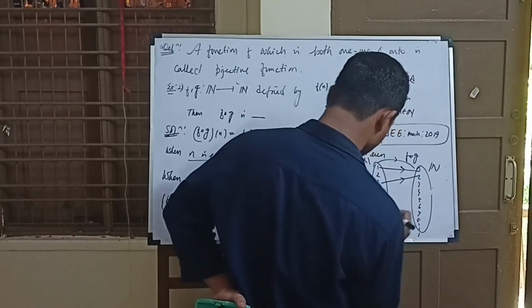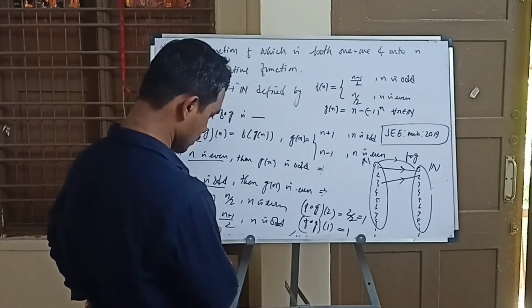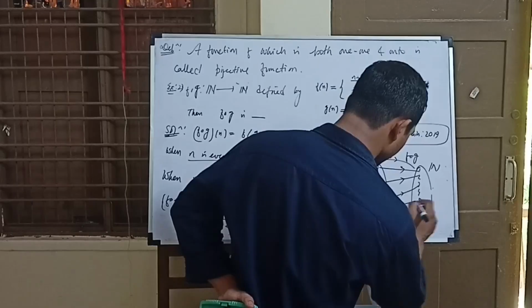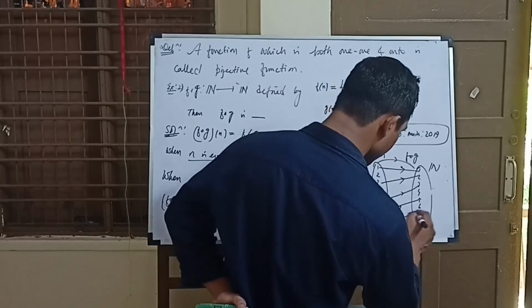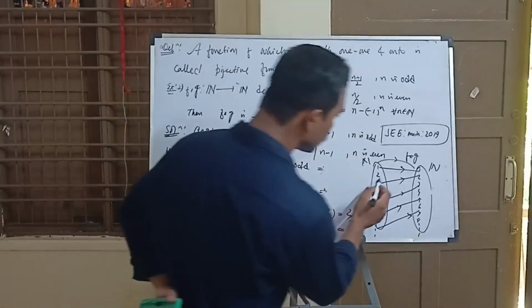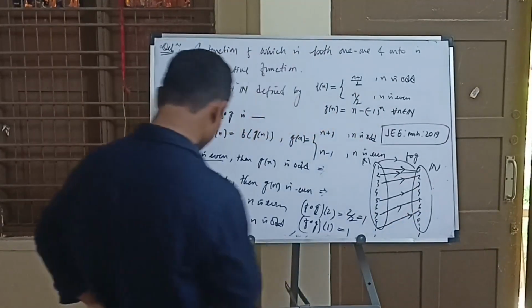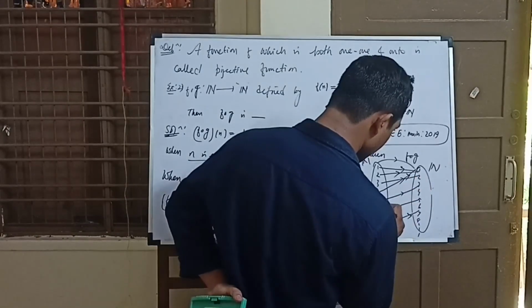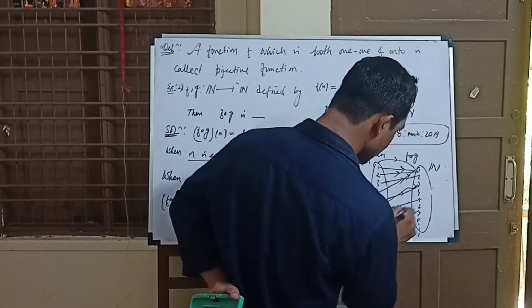5 is 3, 7 is 5, correct? 9 is 7. f composition g of 2 is 1. f composition g of 4 is 2. 6 is 3. 8 is 5.